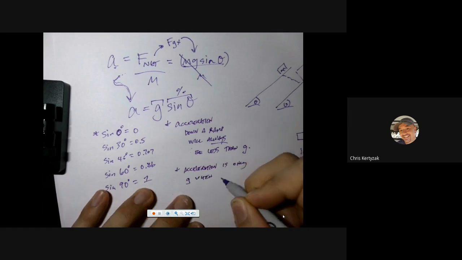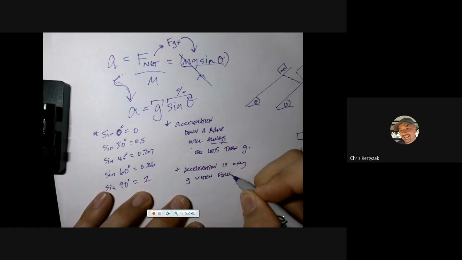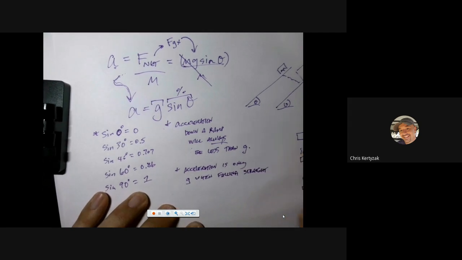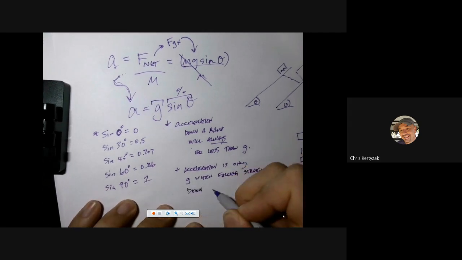Acceleration is only g when falling straight down in free fall, which means there's no air resistance either.